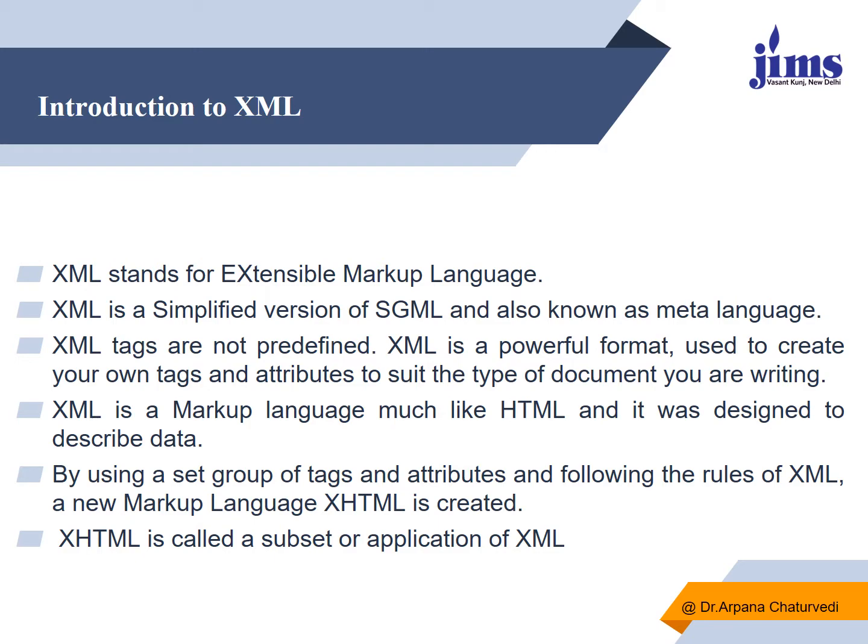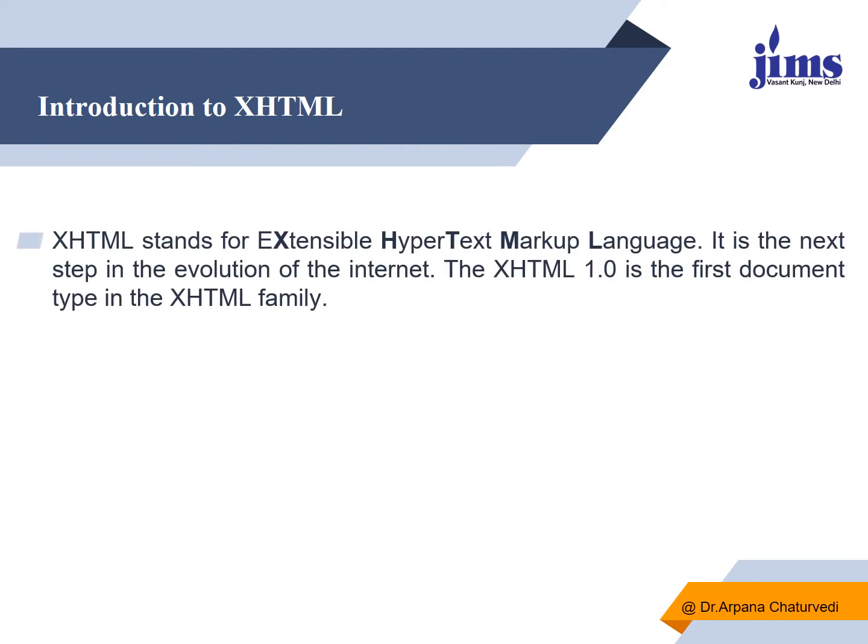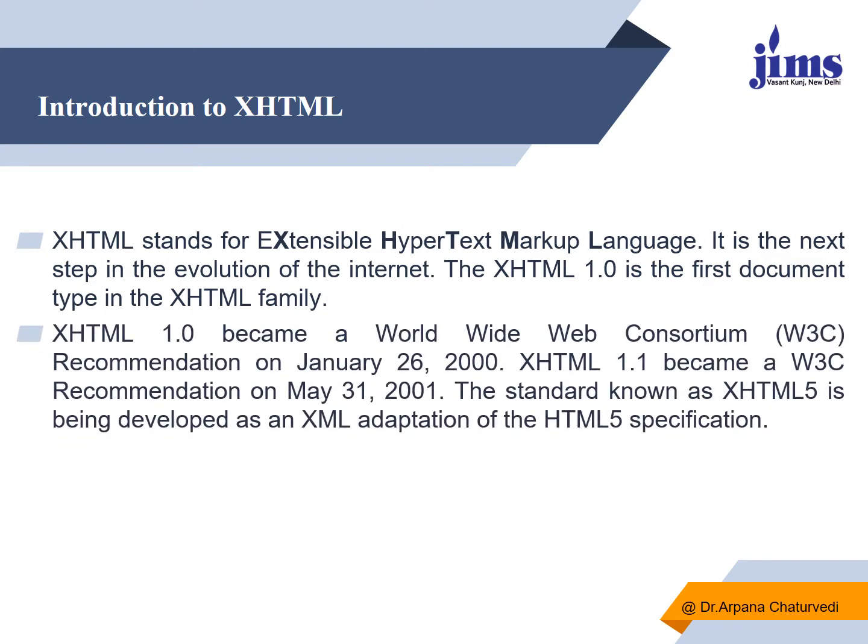or application of XML. And if we talk about XHTML only, the full form of XHTML is Extensible Hypertext Markup Language. It is basically the next step in the evolution of the internet.